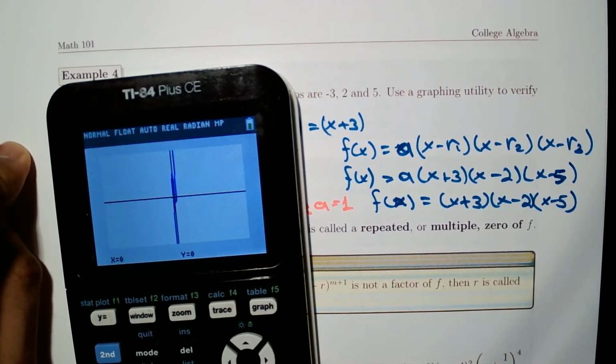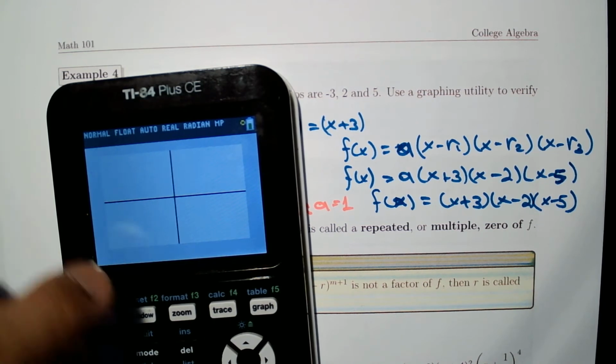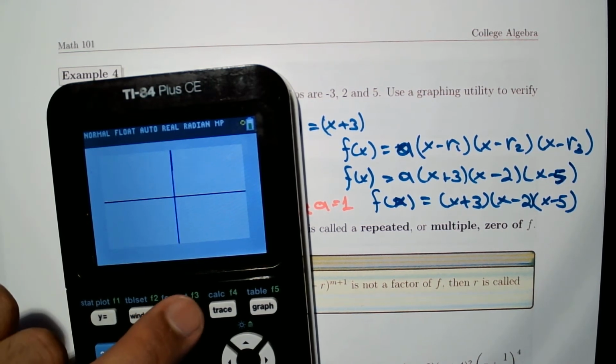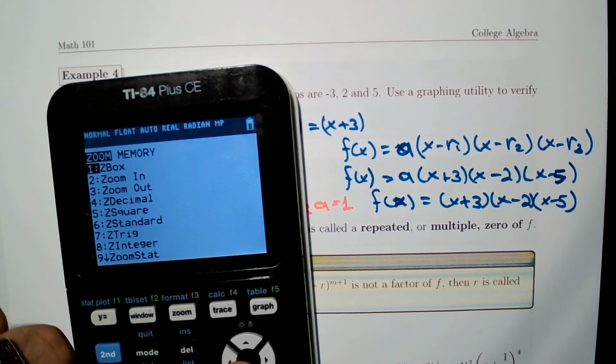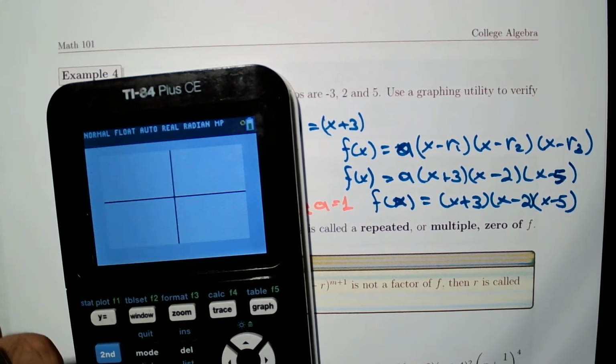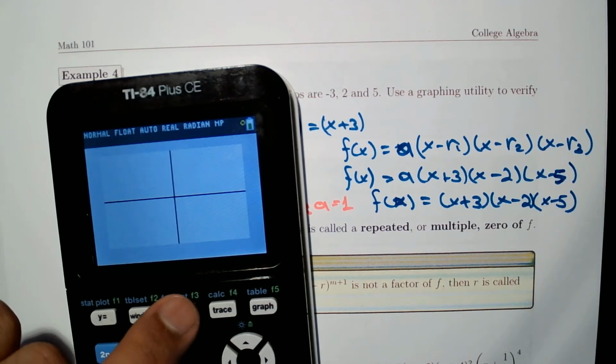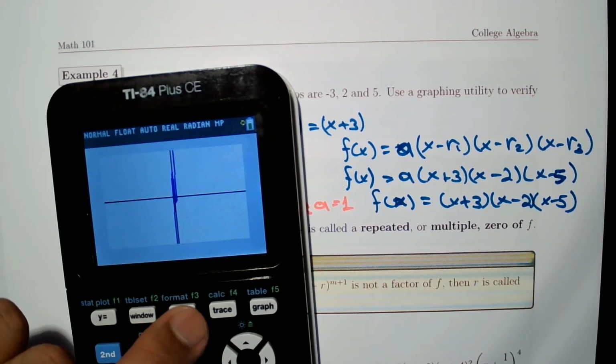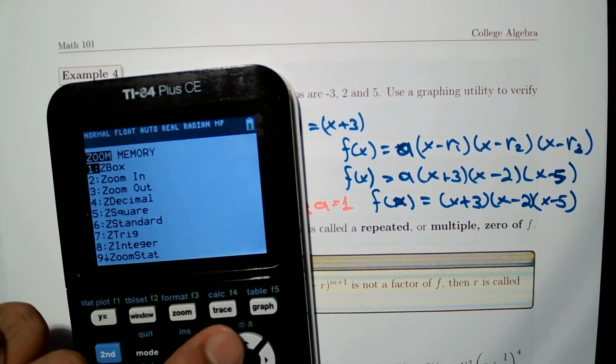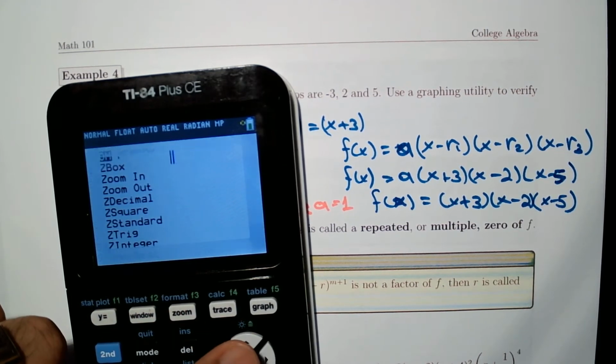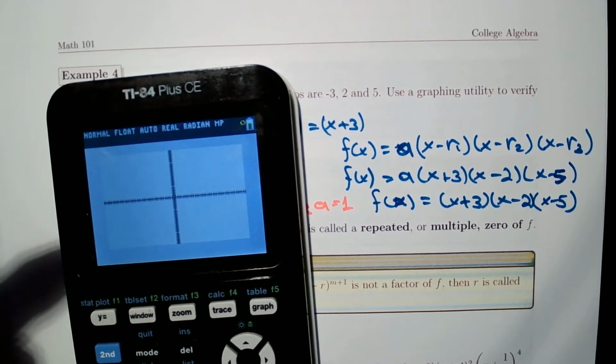Let me zoom in again. Oops. I'm going to zoom in, and then another zoom in, I guess. Here we go.